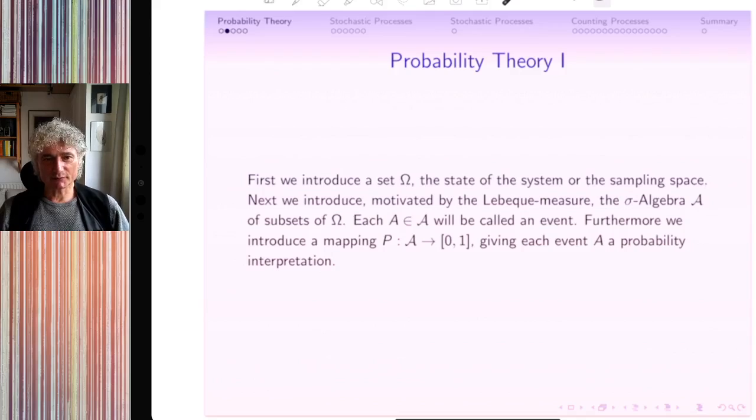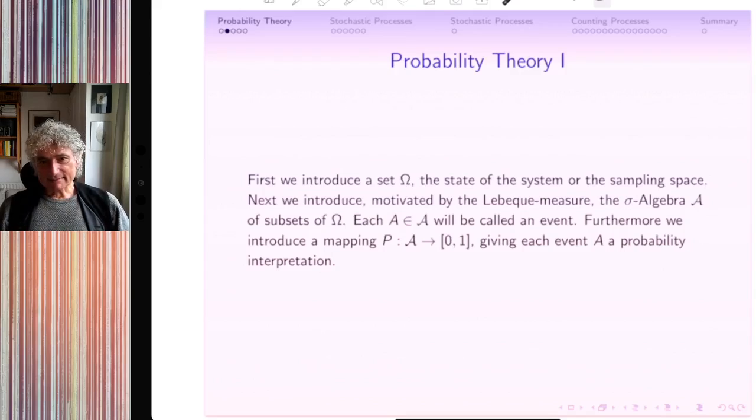So an event can therefore also be something that, for example, takes place simultaneously at different areas or coordinates of omega, or whatever you want to call it. So every element in this sigma algebra A is called an event.